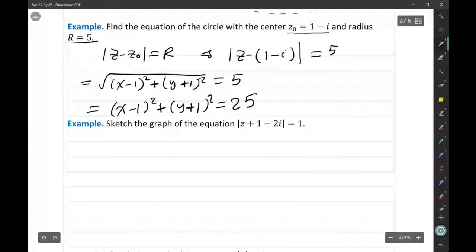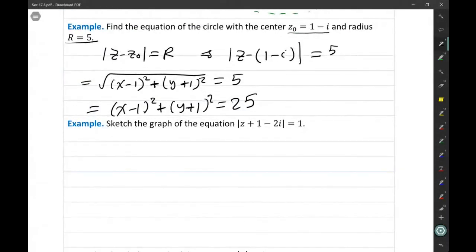Let us see now. It says sketch the graph of the equation modulus of z plus 1 minus 2i equal 1. This is very simple to sketch, because we just write it in the form z minus z naught.